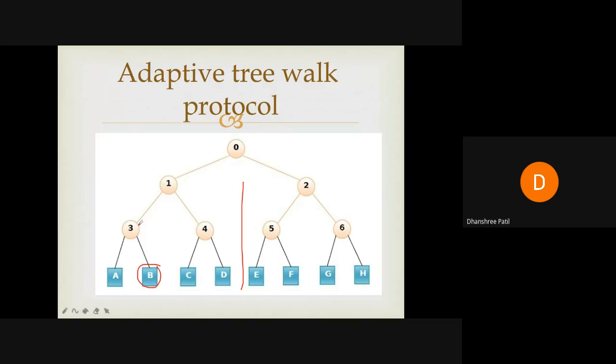Now how are the groups formed? This group 3 will contain A and B, and group 4 will contain C and D. Similarly, group 5 will contain E and F, and group 6 will contain G and H.